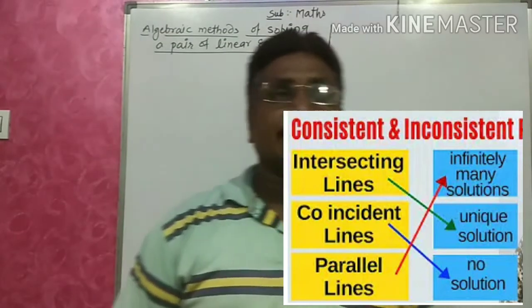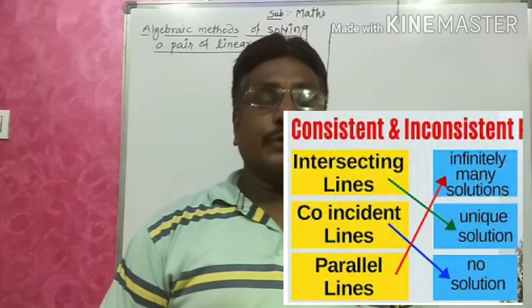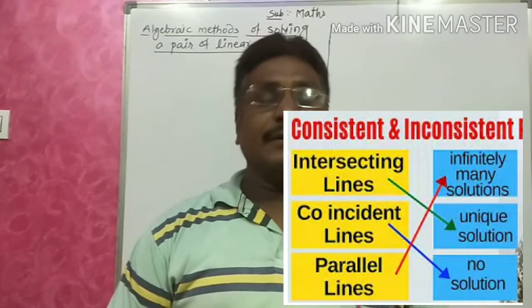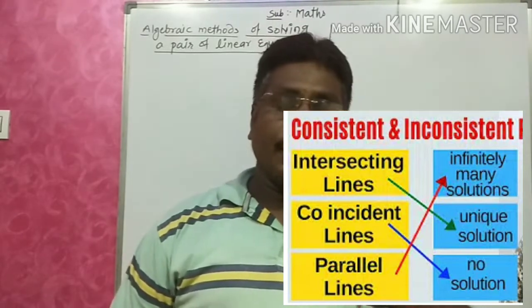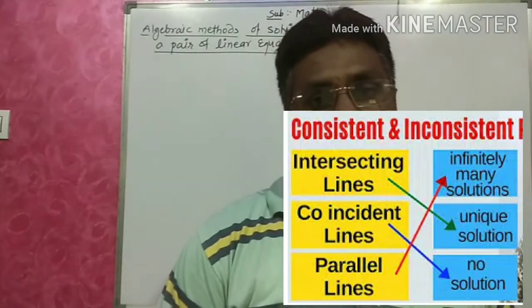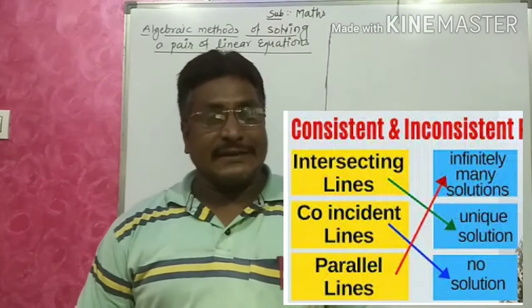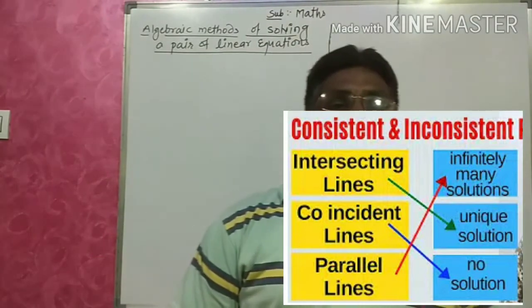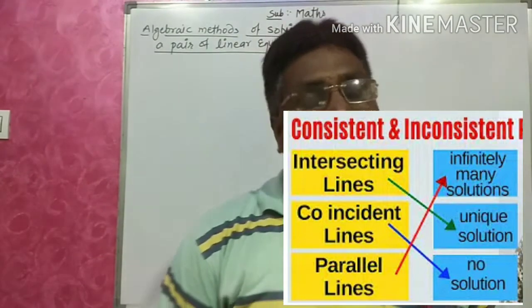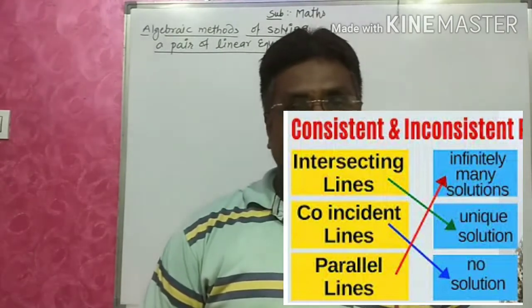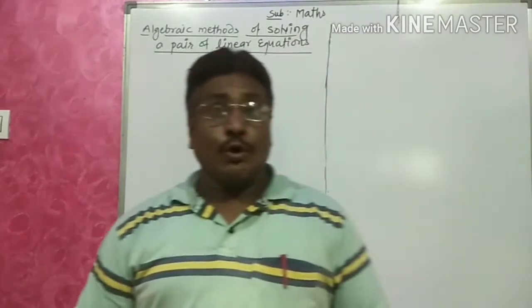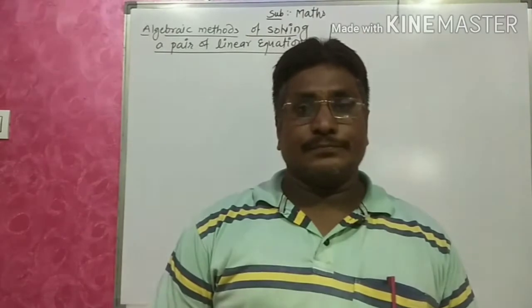By using the condition of consistency, we saw how to decide whether the given pair of linear equations represents intersecting lines, parallel lines, or coincident lines. Hope you understand, students.